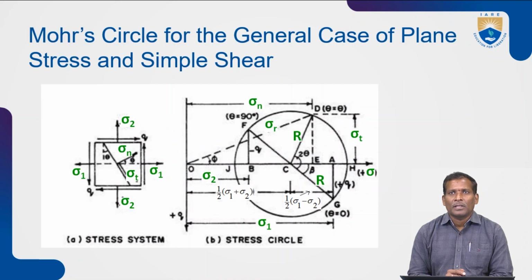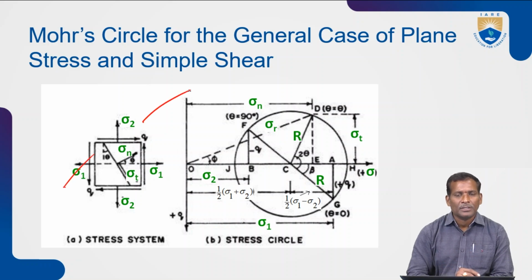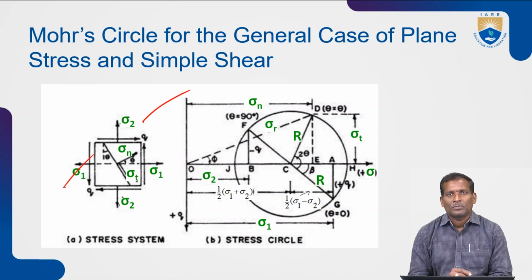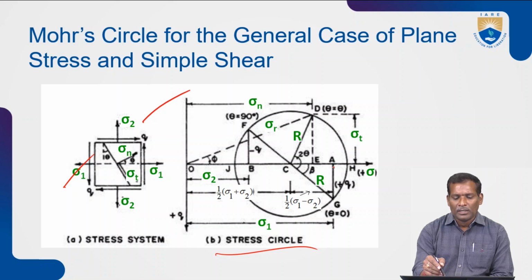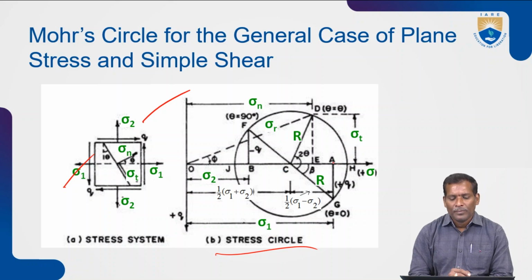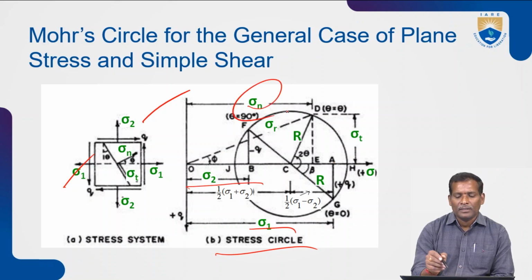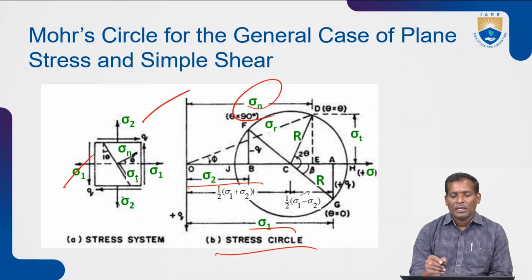So here see the Mohr circle for the general case of plane stress and simple shear drawn. In this, two-dimensional stresses are acting on this element, sigma 1 and sigma 2, and here in the stress circle shown sigma 1 is OA and sigma 2 is OB, and sigma N is OE and sigma T is equal to DE.